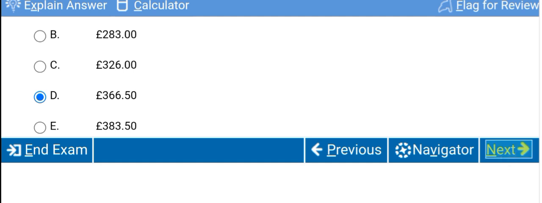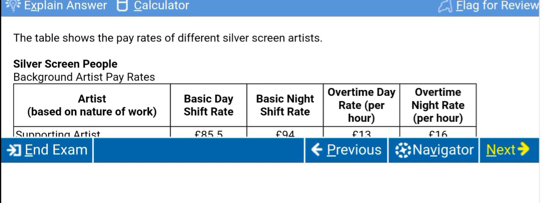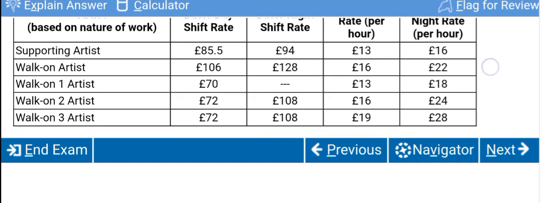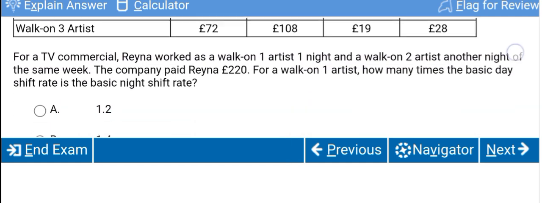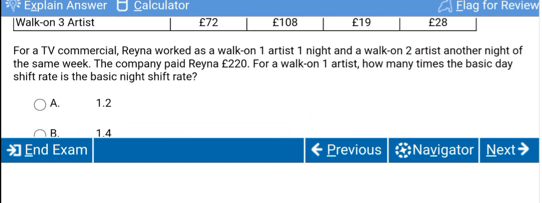Next question, we have question number 14. Again with the same statement and with the same table, same amounts. But the question is that for a TV commercial, Reena worked as a walk on one artist one night and a walk on two artist another night of the same week.